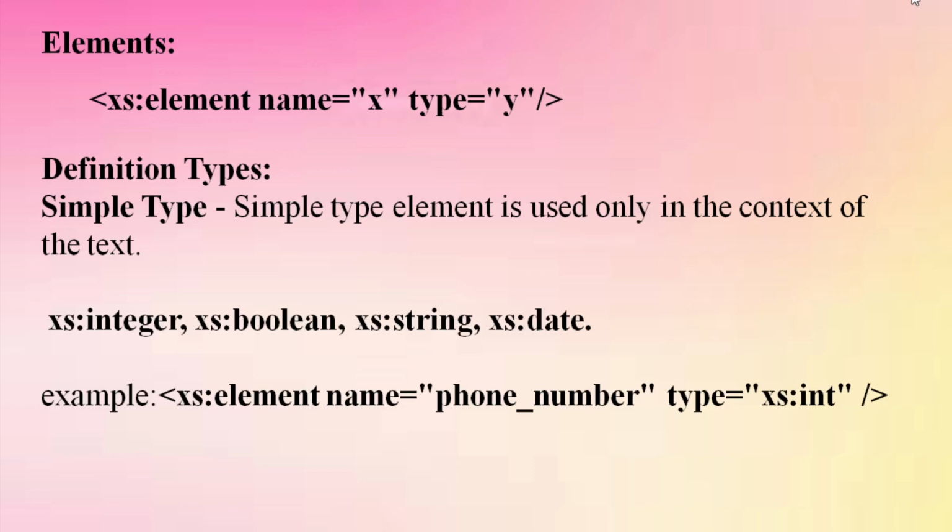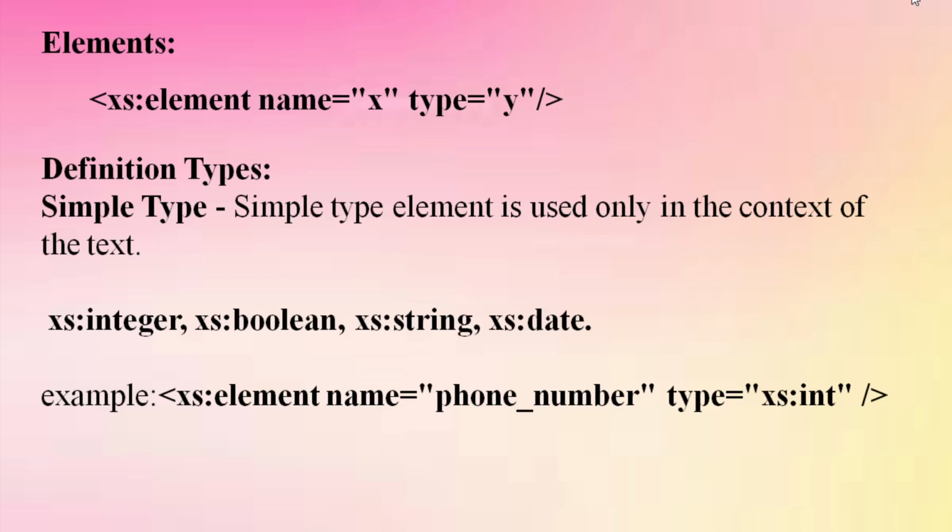A simple type element is used only for text content. Some of the predefined simple types are xs:integer, xs:boolean, xs:string, xs:date. For example, if I want to represent a name as phone number, its type should be xs:int.